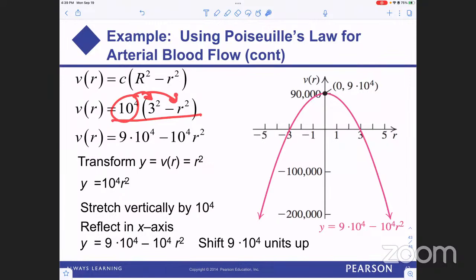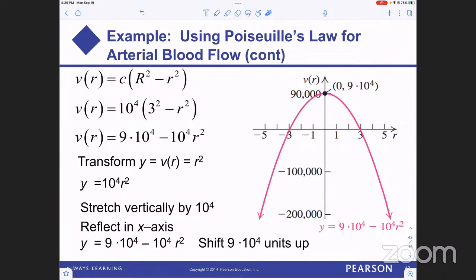All right. So now when you look at it from here, we're starting with a U-shaped curve, stretch vertically by a factor of 10,000, flip vertically, and then move it up by 90,000. And then after those transformations, now you get this guy that you see here, right?